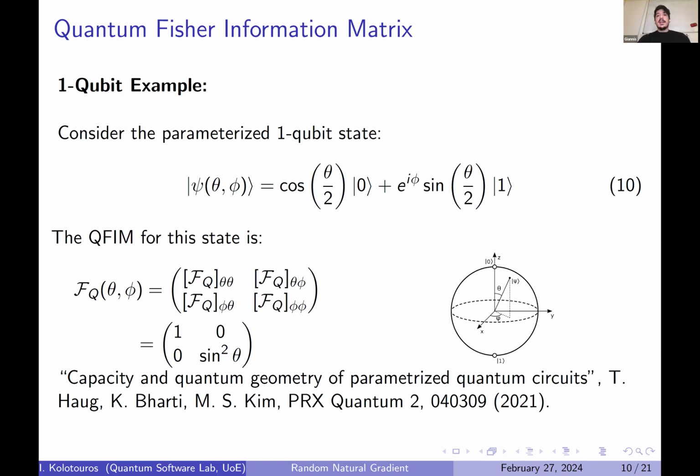To give you a geometric understanding of what that means, if you go to the North Pole, to the state 0 here, even if you change the parameter phi at that point, your quantum state won't change. So you have a singularity at that point, a point where even if you change the parameters, nothing happens to the quantum state.